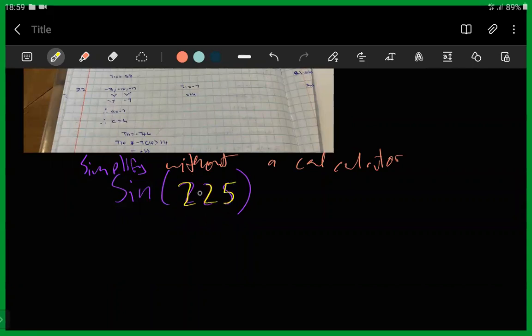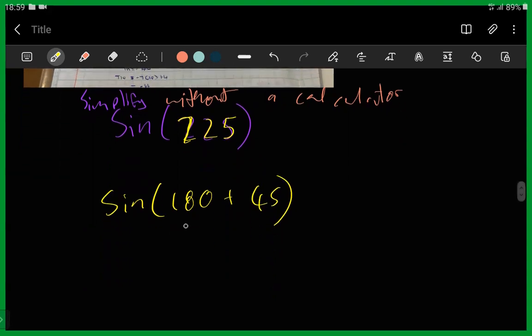This 225 is close to 180, so you could break it up into 180 plus 45. Normally you want to break it up into a special angle and something that may be useful. If it's a special angle also, you're lucky. If not, you can still break it up based on the expression.